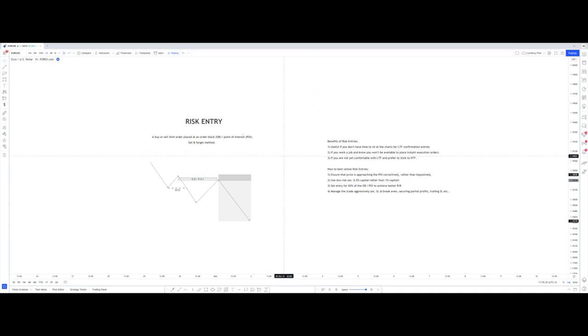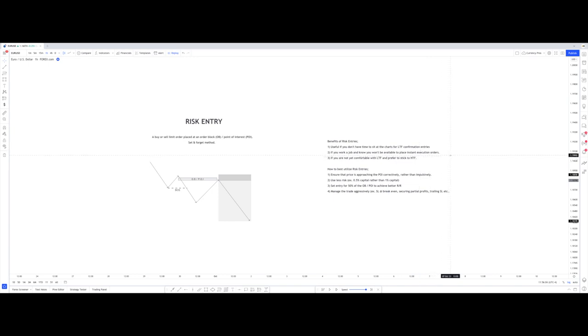You can stick to higher time frames like the 1 hour, for example, and set a limit order at a point of interest, and then forget about it, right? As long as the entry criteria is there and you've checked all the boxes, then it's still a high probability trade. There's just not as much confirmation as, of course, the confirmation entry. So risk entries are useful if you work a job and you won't be available to place instant execution orders, right?